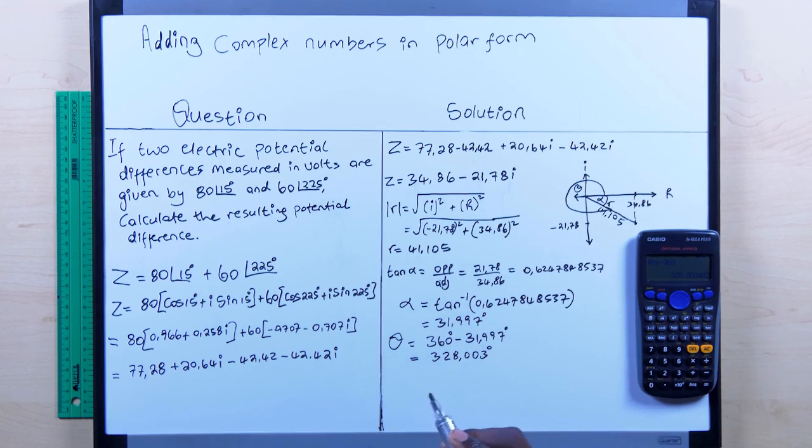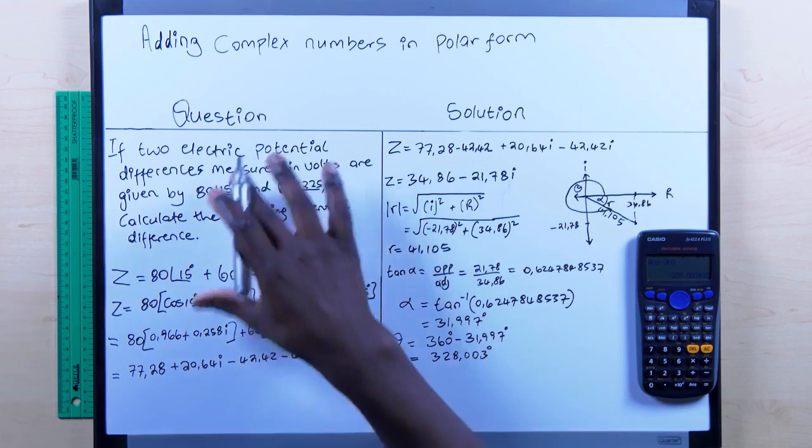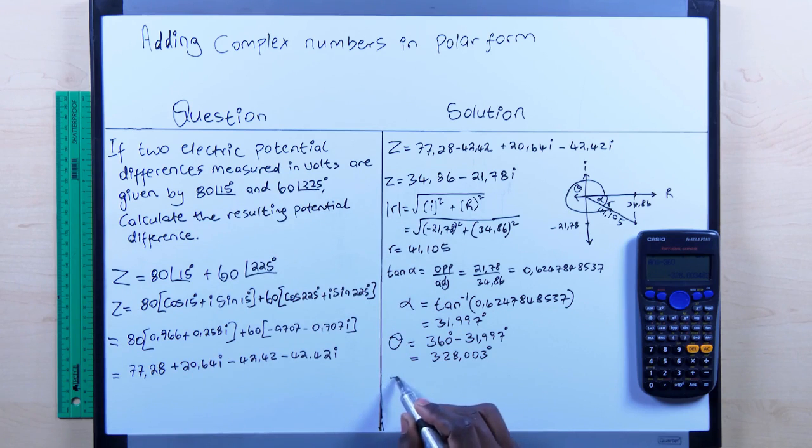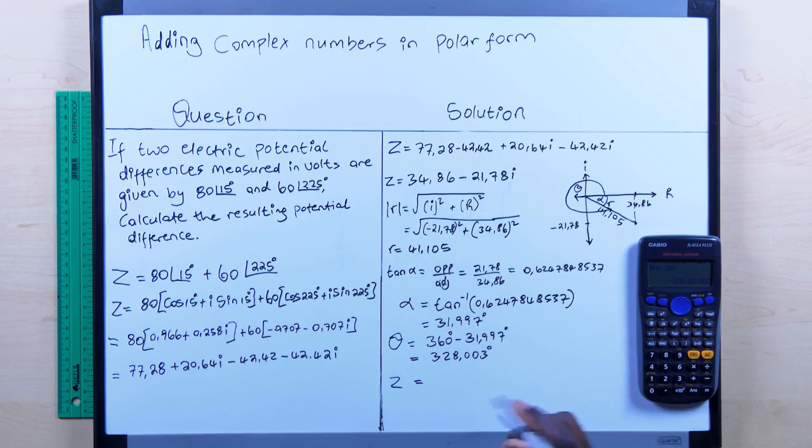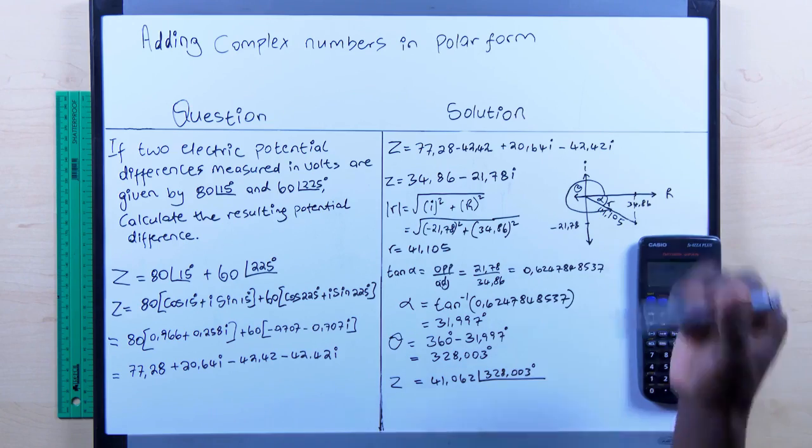To interpret this, you would then say, in polar form, solving this problem, Z is equal to your magnitude, your radius, which was 41.062, at the angle of 328.003 degrees. That is our final answer, and is demonstrated here.